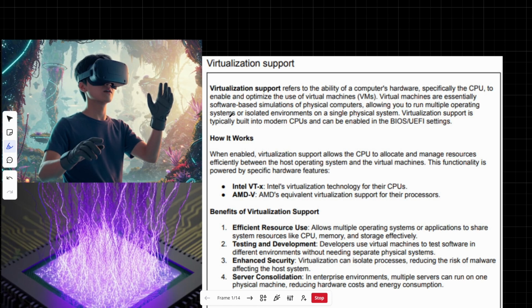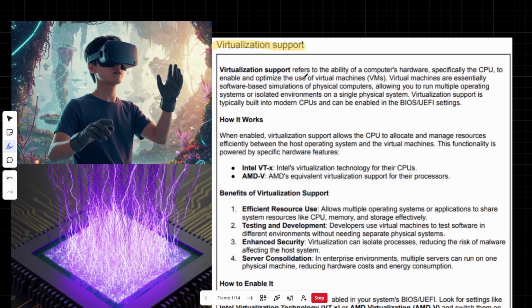Virtualization support is another thing that we do need to know about for this exam. In order to use virtual machines, which is something we'll get into in a lot of detail in exam objective 4.1 or 4.2, don't worry too much about what they are yet and how they work, but just know if you want to use a virtual machine, you need to have virtualization support.